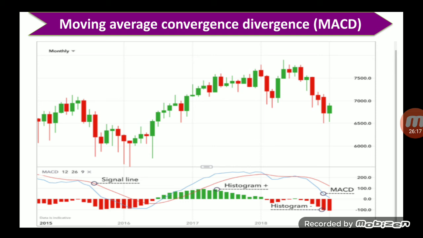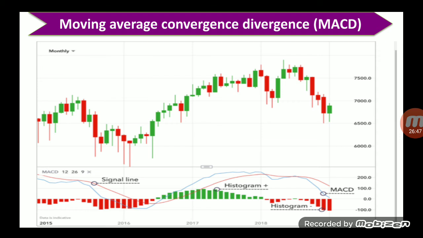When the difference between these lines increases, meaning when the blue line is above the signal line, it indicates that the price will rise. Take the point around 2016 where both lines cross over each other.